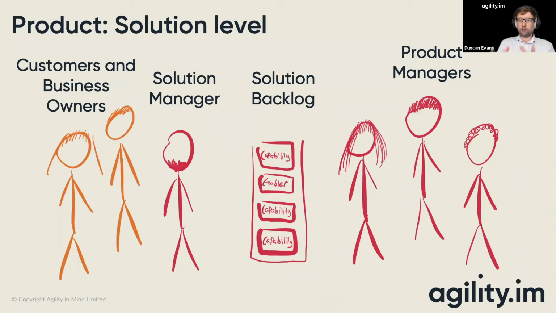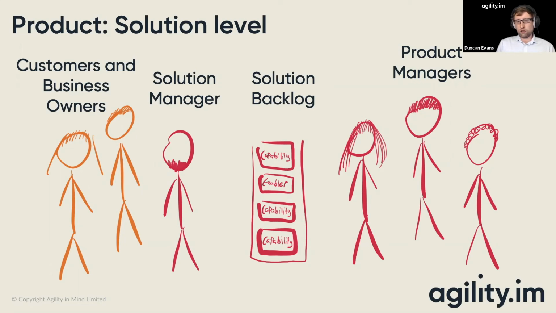You have a solution manager who works on a solution backlog, still has the same need to have a relationship with customers and business owners, and again liaises with individual product managers, who in turn liaise with individual product owners, so that very large scale things can be done.